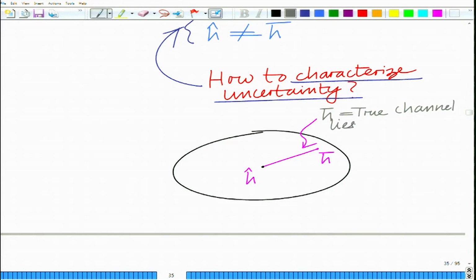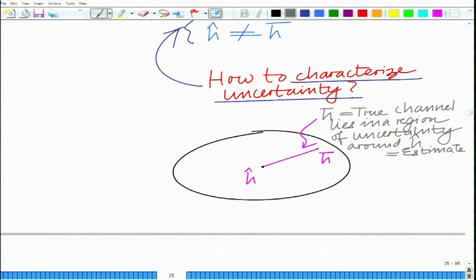It lies in a region of uncertainty around h hat, which is the estimate, and this uncertainty region is typically modeled as an ellipsoid in n dimensions.